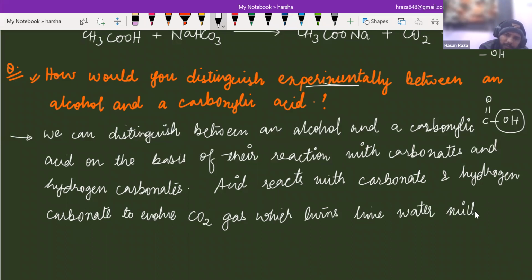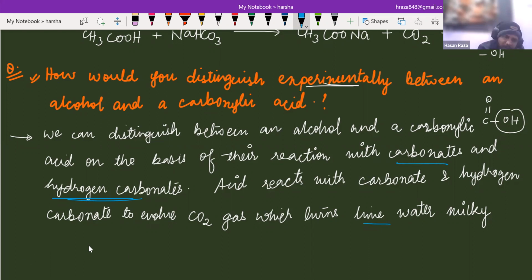So basically, if you react this ethanoic acid with either metal carbonates or metal hydrogen carbonates, the products are salt, carbon dioxide and water. That carbon dioxide, if you mix it with lime water, turns the lime water milky. That indicates it is ethanoic acid.